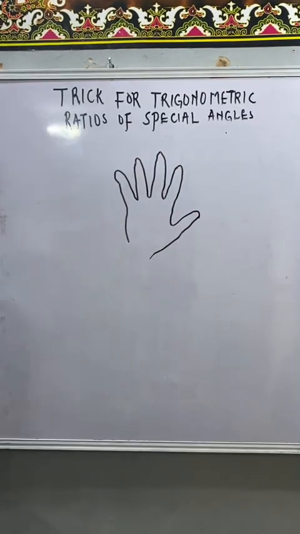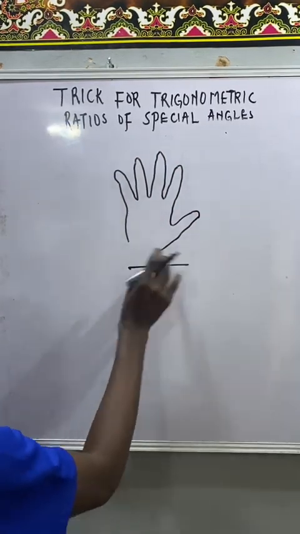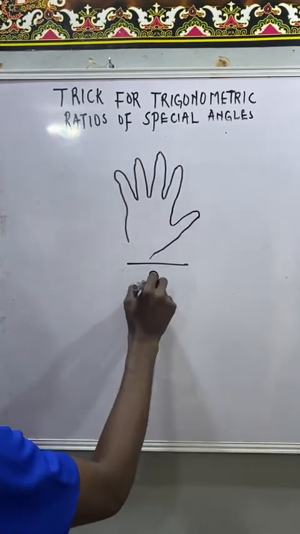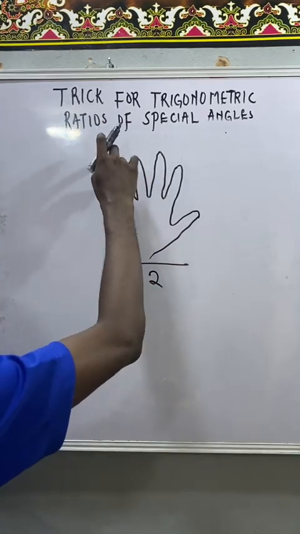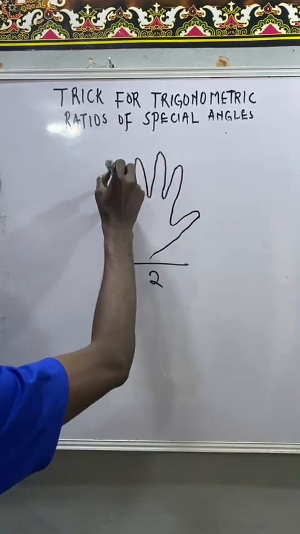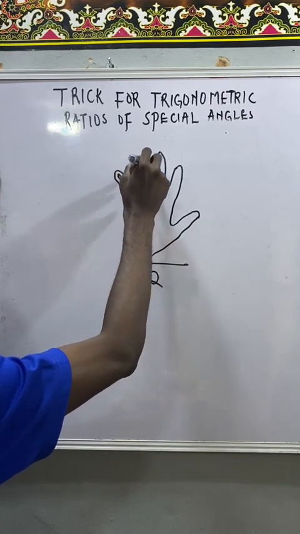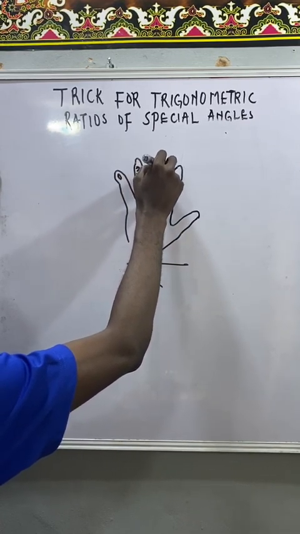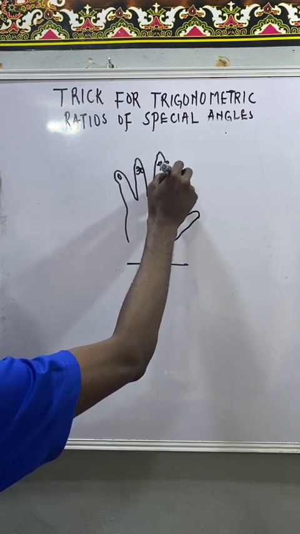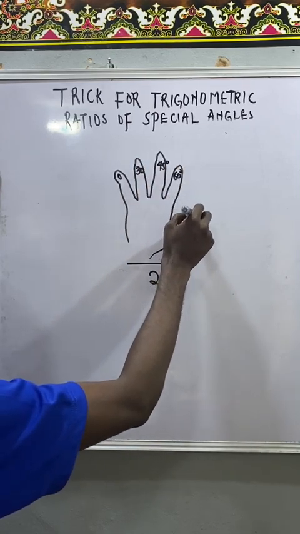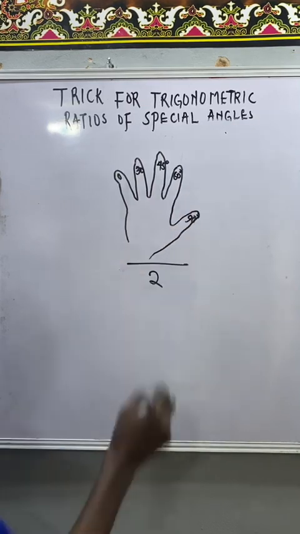Draw your hand like this. Now, I'm going to put everything over 2. Then, on top of this, I am going to put 0 degree here, 30 degree here, 45 degree here, 60 degree here, and 90 degree here.